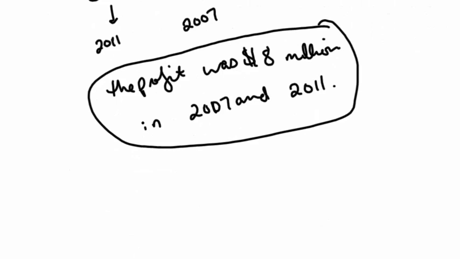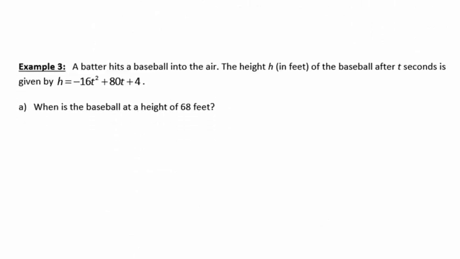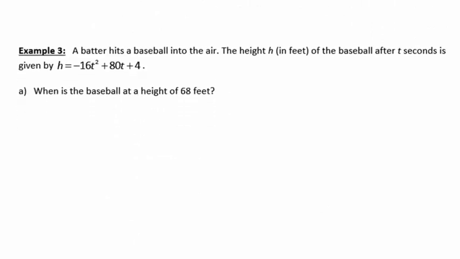In example 3, a batter hits a baseball into the air. The height h in feet of the baseball after t seconds is given by the formula h equals negative 16t squared plus 80t plus 4. The first part asks, when is the baseball at a height of 68 feet? So 68 is the height. We're going to plug that in for h, and we're going to need to solve for t.